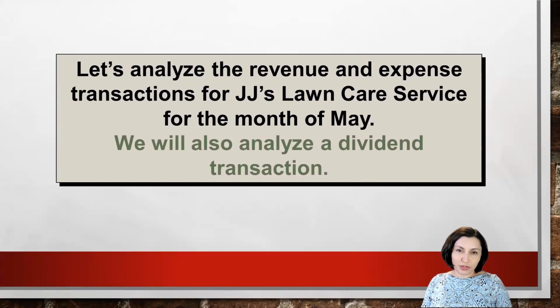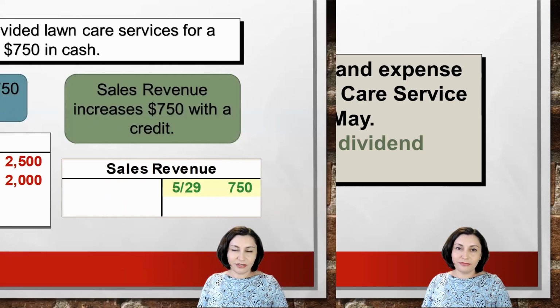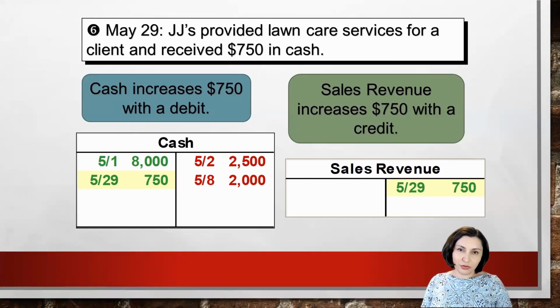Let's look at recording revenues, expenses, and payments to owners of JJ's Lawn Care. Let's first review the transaction where JJ's Lawn Care provided services to customers and received $750 cash. The asset account, cash, increased by $750.